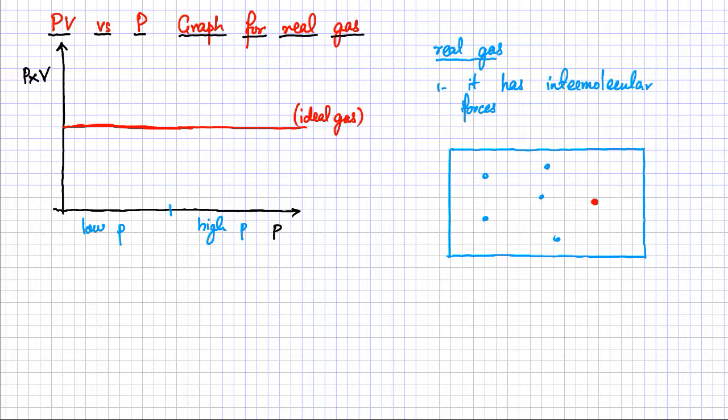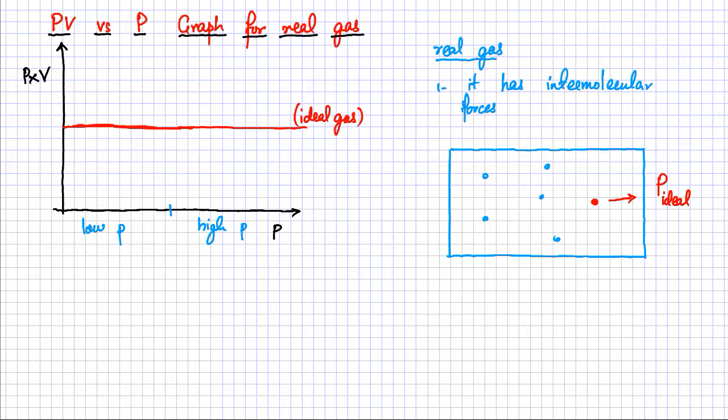Pressure is when these particles go and hit the walls of the container and exert a pressure. So for an ideal gas, these particles are not attracting each other, which means that this red particle is going to hit the walls of the container and exert a pressure. Let's call that pressure the ideal pressure that a gas would exert if the gas is an ideal gas.